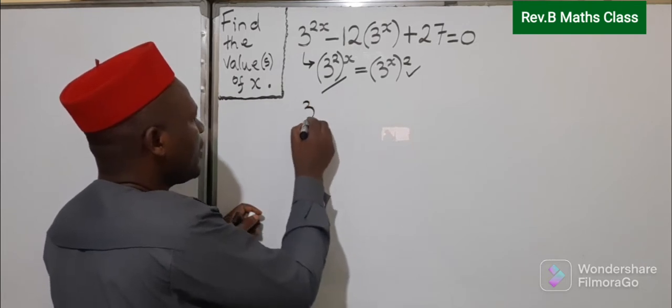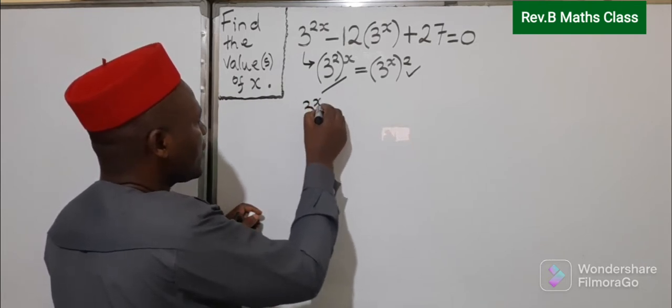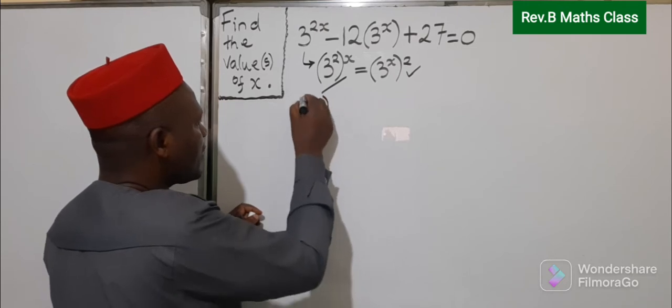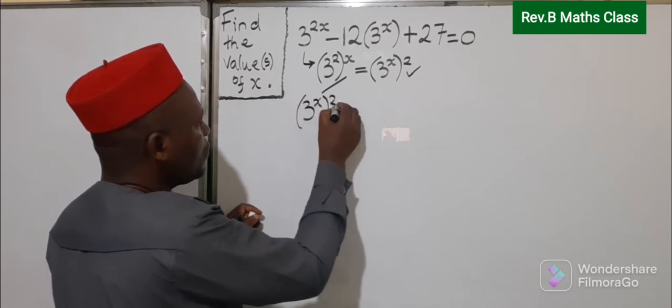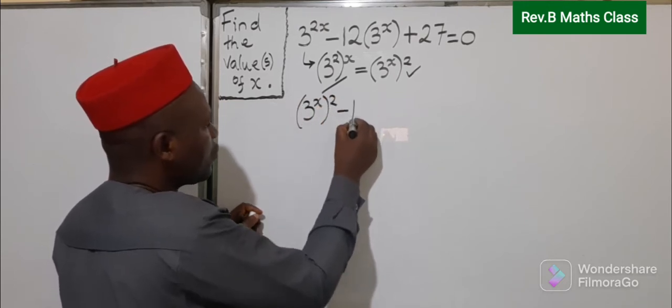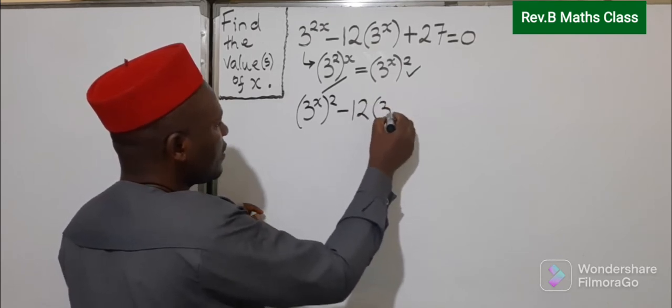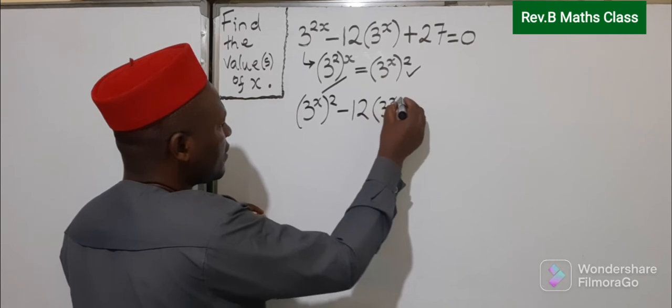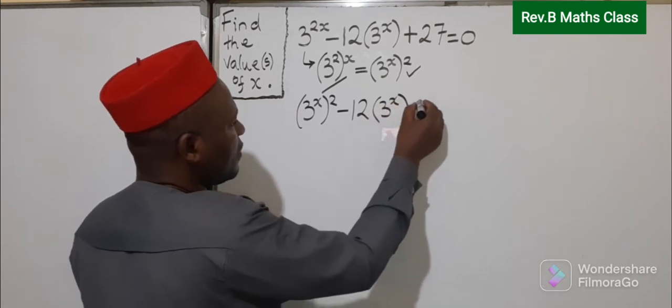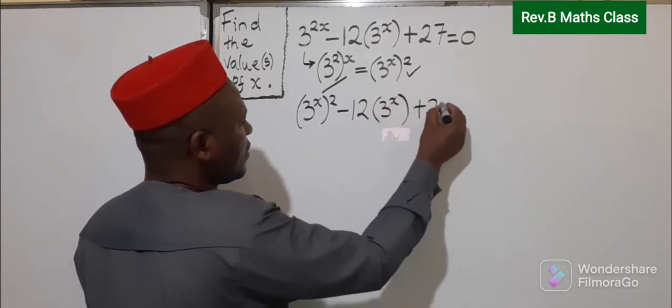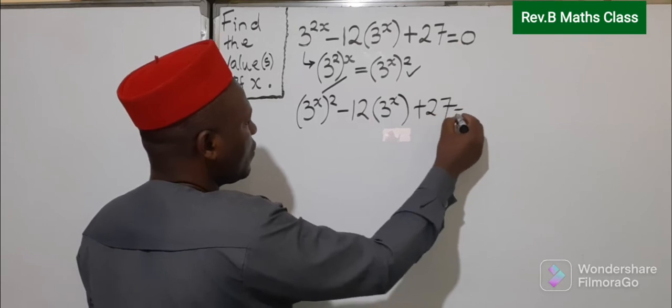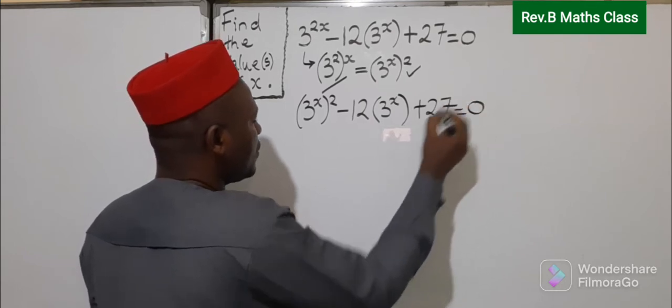So you have 3 power x in brackets 2 minus 12 in brackets 3 power x plus 27 equals to 0.